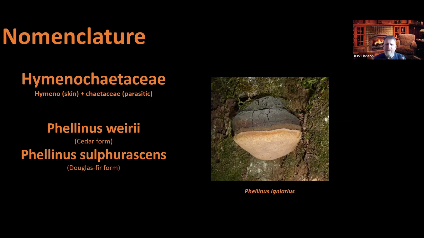Maybe these two species of fungi aren't necessarily related to the other Phellinus species out there. Let's take a closer look at it. They dug into the genetics a little more, and sure enough, they discovered that this particular genus was unique, distinct from Phellinus.